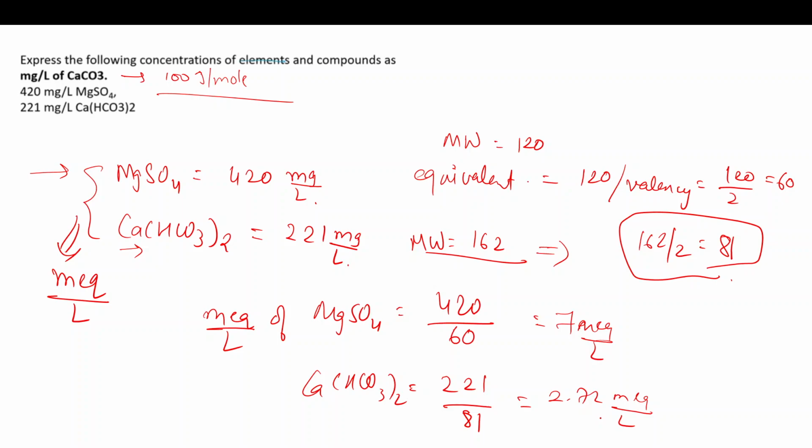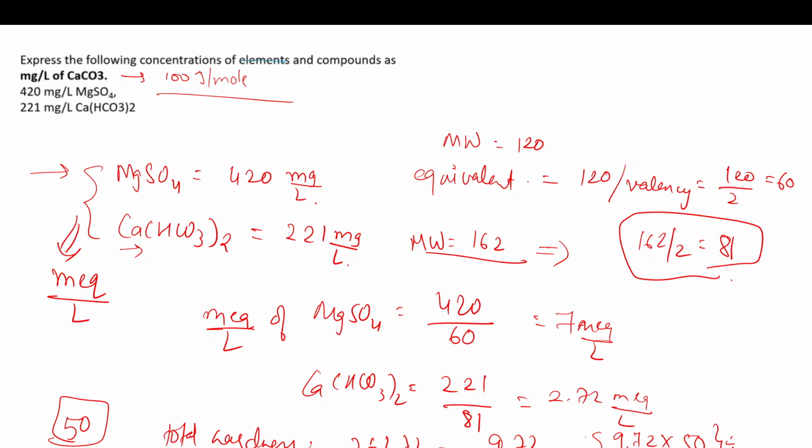Now to convert it into calcium carbonate, you need to multiply it with the equivalent weight of calcium carbonate, which is 50. Okay, so first you add this, so total hardness will be 7 plus 2.72, which will be 9.72, and in terms of calcium carbonate, it should be 9.72 into 50, that will be in milli equivalents per liter, right?